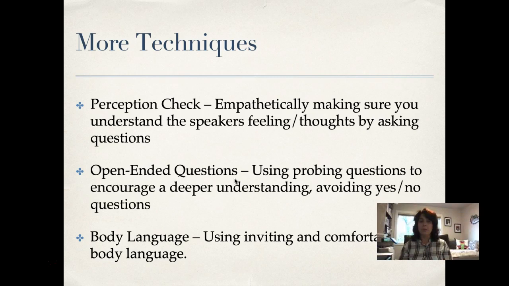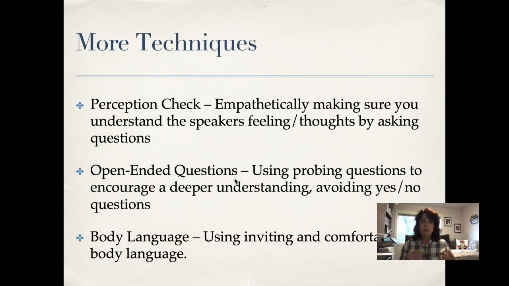And then body language. Use inviting and comfortable body language. And probably the best example of this is in an IEP meeting. I know as a parent, I've gone to so many IEP meetings, and sometimes I'll get there and everyone else on the school side is already there, sitting on one side of the table, and I come in and sit on the other side, and that doesn't make me necessarily feel all that comfortable.